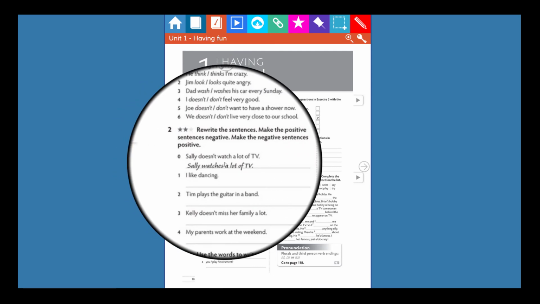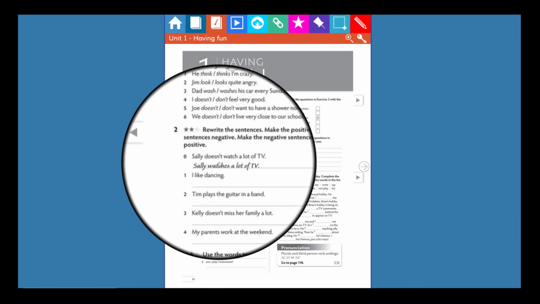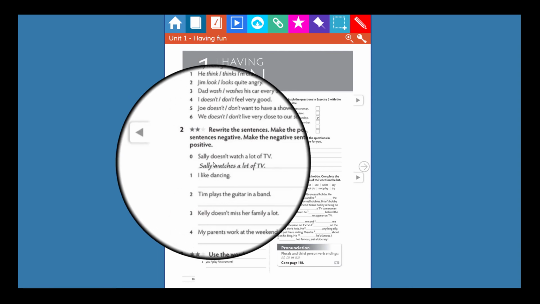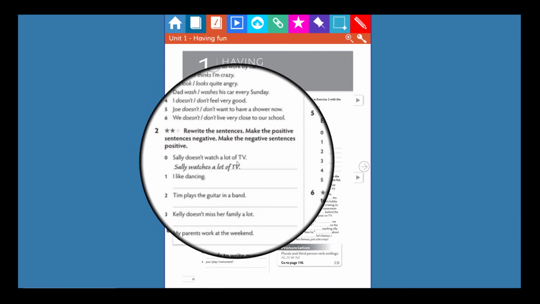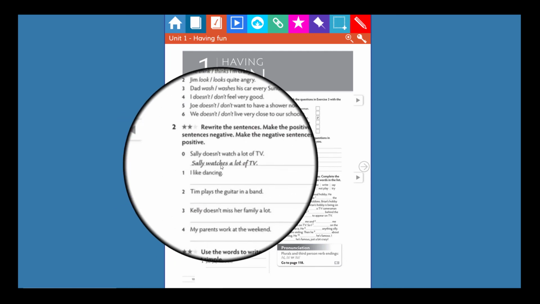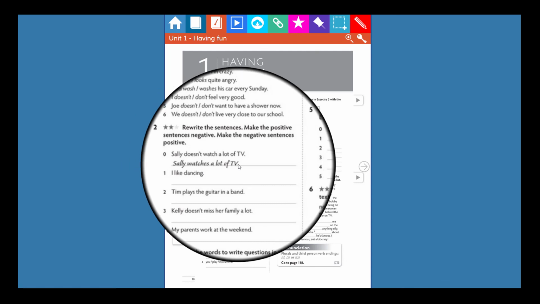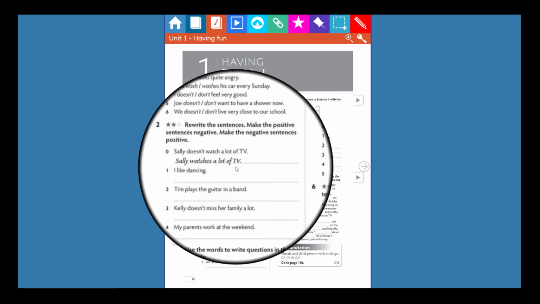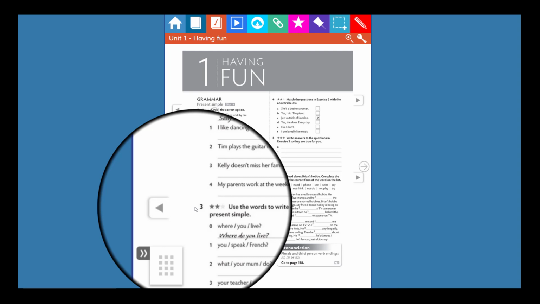Sally doesn't watch a lot of TV. This sentence is negative, so you have to write it in positive or affirmative form. The correct answer is Sally watches a lot of TV. Okay? And finally, activity number 3.